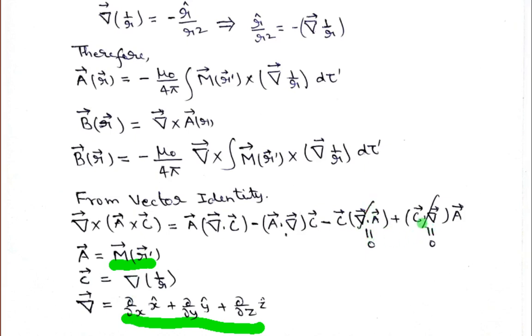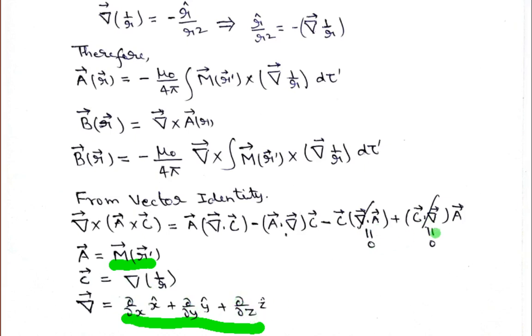Similarly, if you take c dot del in bracket and outside it the vector a, it means first you take the dot product of the c vector, which is the gradient of 1 upon r, a vector, with the del operator. So that will give cx del upon del x, cy del upon del y, cz del upon del z.